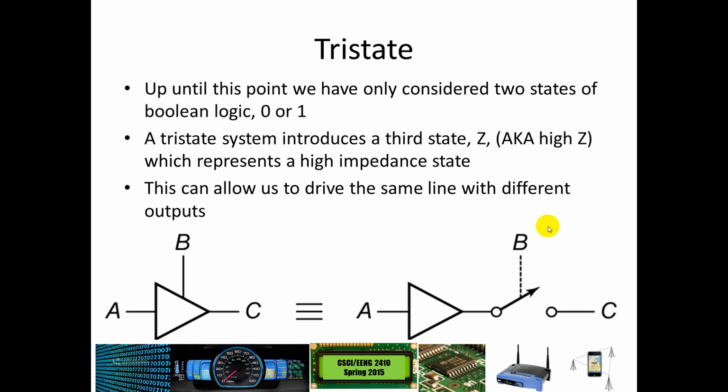We introduced the notion of buffers there so that you could also understand the idea of a tri-state buffer. So in this case, we've largely, up to this point, really just thought about logic as being either 0 or 1. So if you have some digital device that is driving something, we've always thought, well, it has to drive it to a 0 or it has to drive it to a 1.